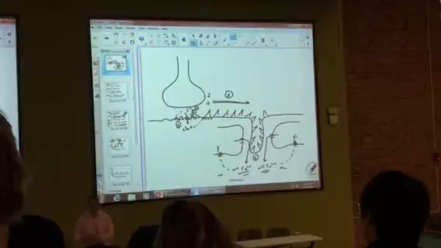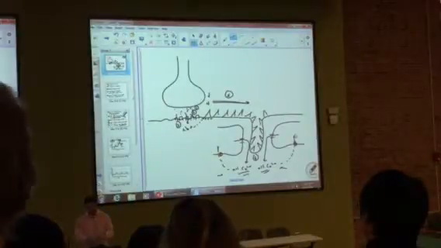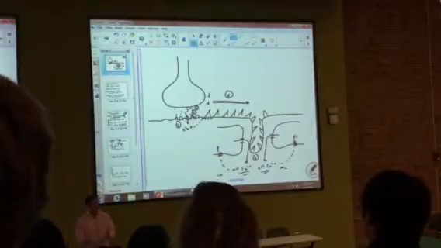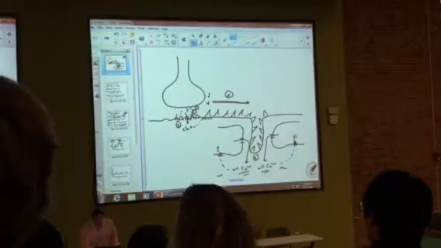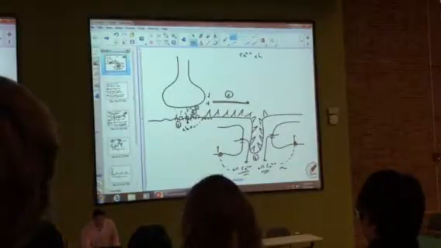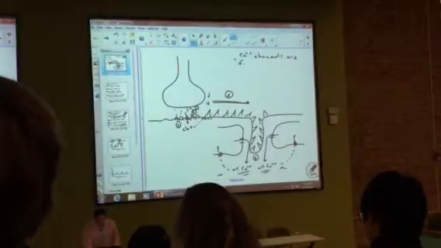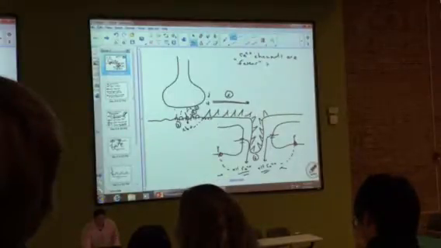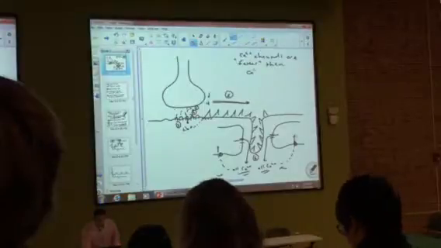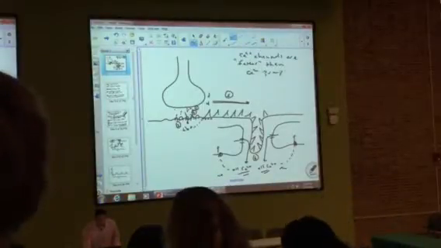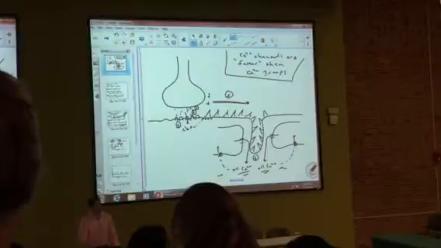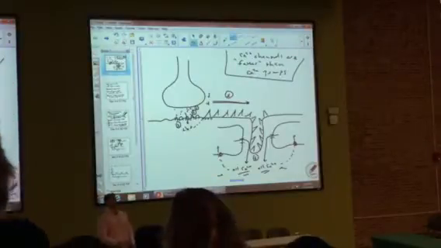Now, this is key to this, and this wouldn't happen unless what I'm going to write down occurred. Calcium channels are faster, for lack of a better word, than calcium pumps. What does that mean? That's key to what we're seeing when we're generating more tension.